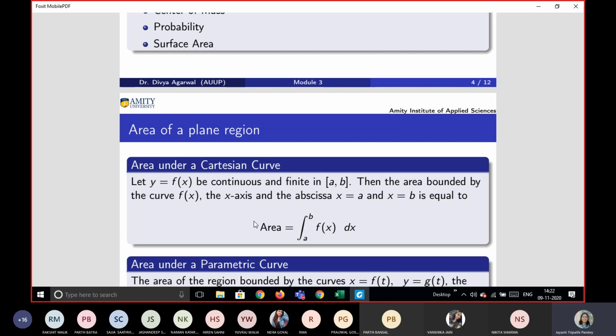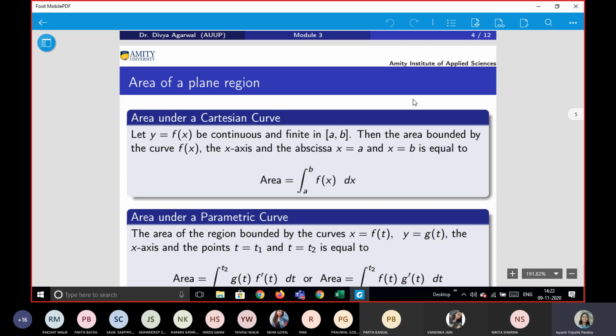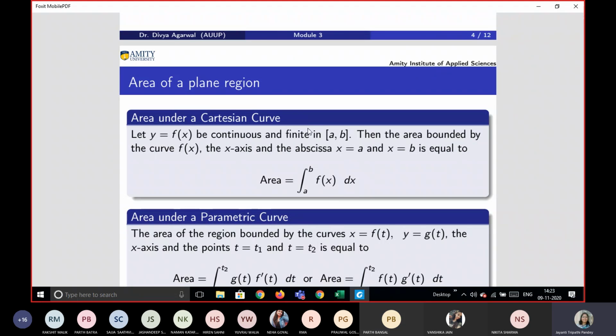Though this PPT is already uploaded on LMS, you can check it from there as well. Now, area under a Cartesian curve you have done in class 12th. Do you remember that? I want a response, Rama. Yes, ma'am. So this is the same, no difference.